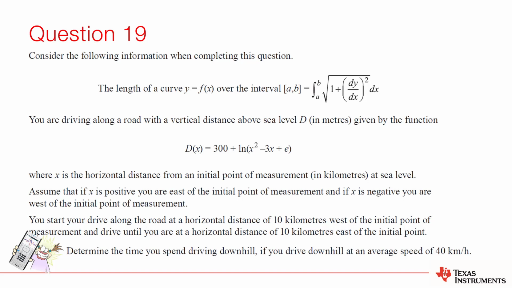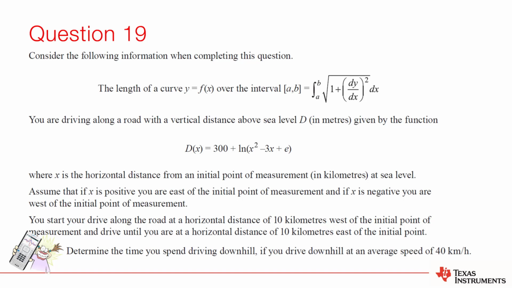All right, we're driving along a road with a vertical distance above sea level given by the function 300 plus log e of (x squared minus 3x plus e). X is the horizontal distance from an initial point in kilometres at sea level. X is positive if you are east and negative if you are west.